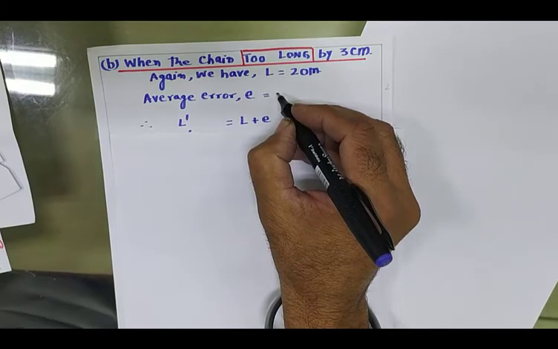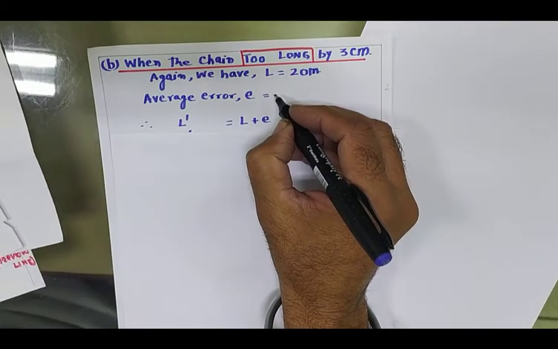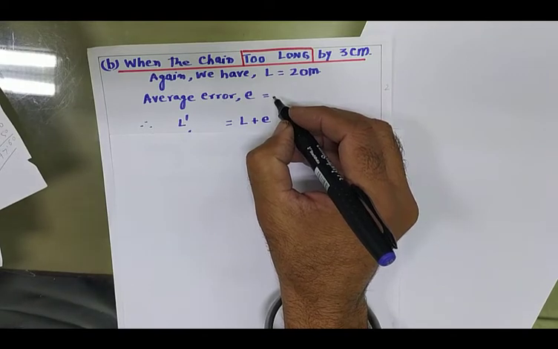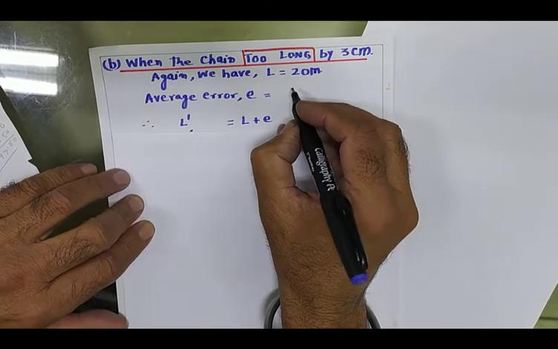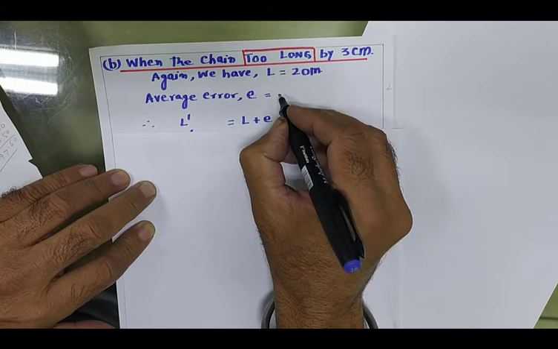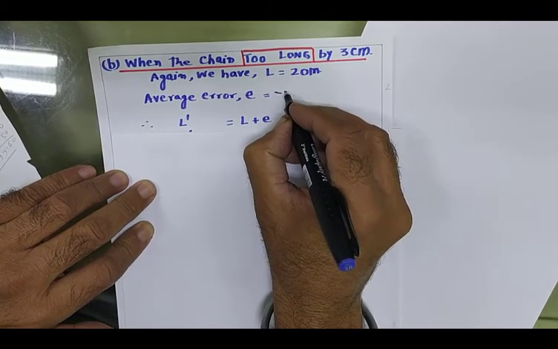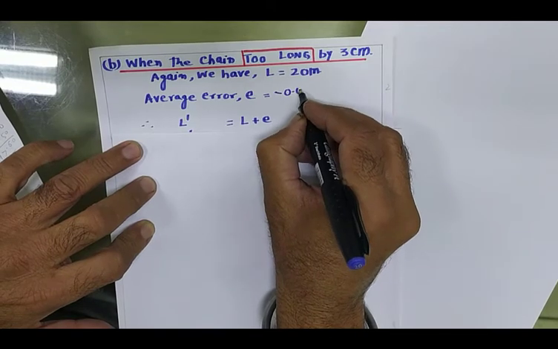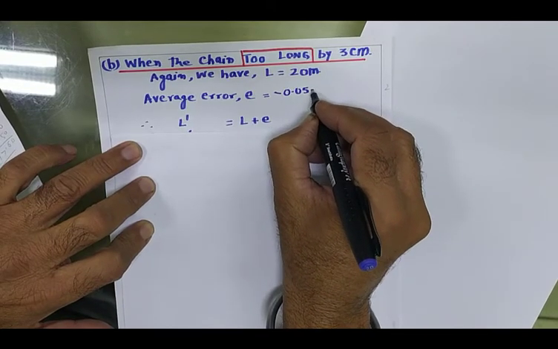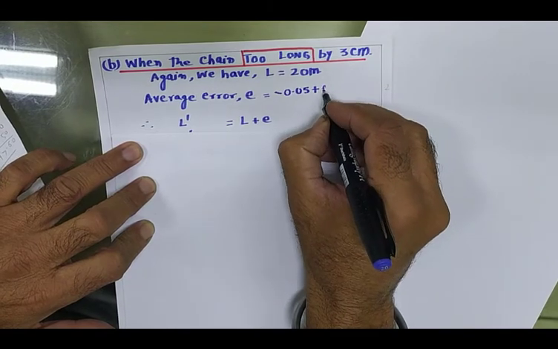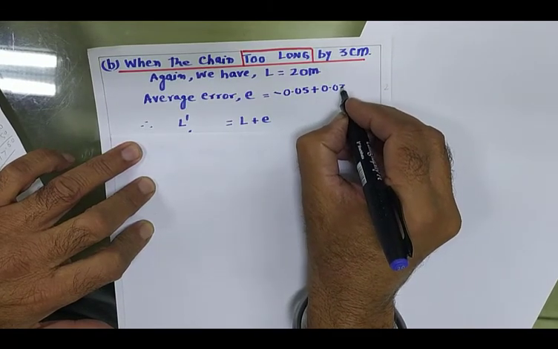We take short as a minus value and long as a positive value. So in the start we take minus 0.05 meter. Then in the second case, it is 3 centimeter too long, you will take it 0.03.